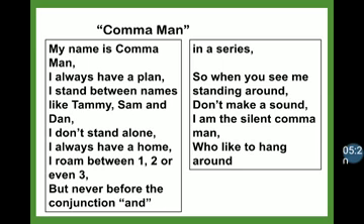I roam between 1 and 2 or even 3, but never before the conjunction "and" in a series. So when you see me standing around, don't make a sound. I am the silent man who likes to hang around.